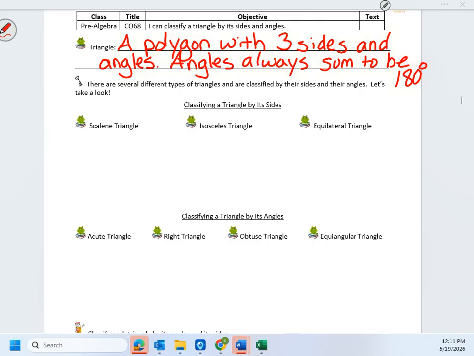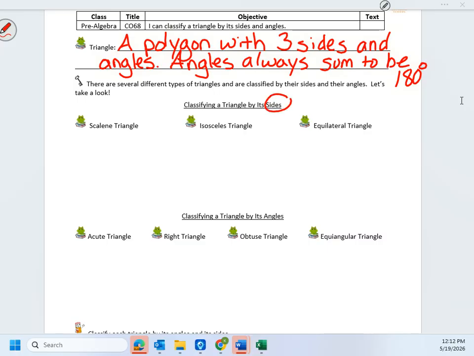If it's a side triangle, you have to label the sides correctly. If it's an angle triangle, you have to label the angles correctly. This is what a lot of us have struggled with when we've seen it in Math 6 reviews. So we're gonna really focus on it, make sure we have that mastered.